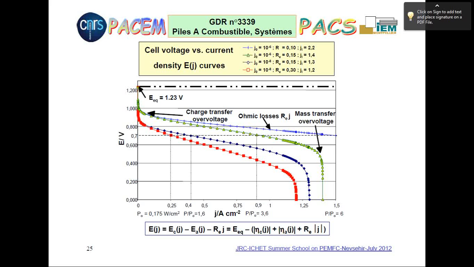So for different cases, you can calculate the cell voltage for different parameters.